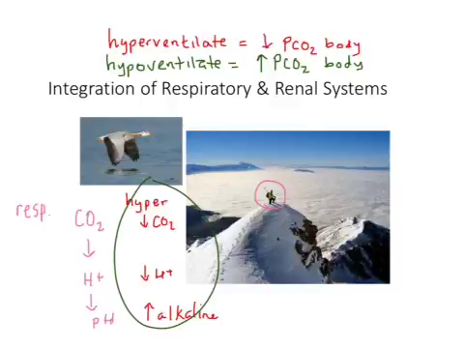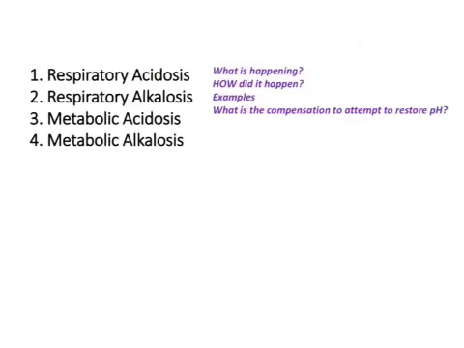Let's take a look at these considerations. Okay, the four conditions are two acidotic and two alkalotic conditions. The first two caused by the respiratory system, and the compensation will be by the renal system. And the last two caused by some other metabolic problem, not the respiratory system.